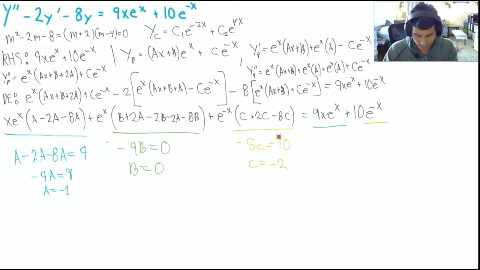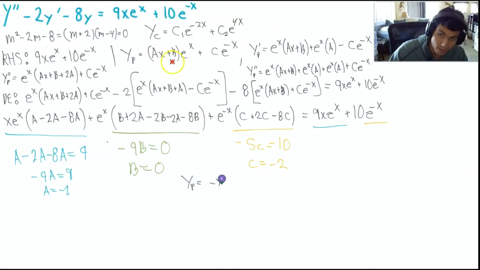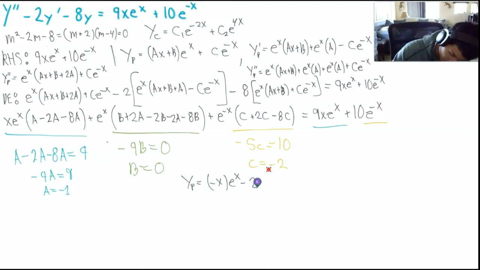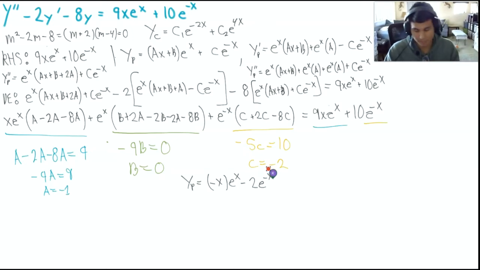So now we can write our actual particular solution. Yp is equal to negative x e to the x, and b is equal to 0. And then c is equal to negative 2, minus 2 e to the negative x. This is nice. Now we can write our actual answer here.